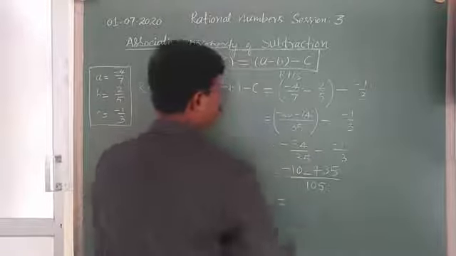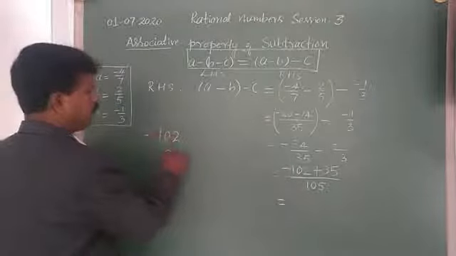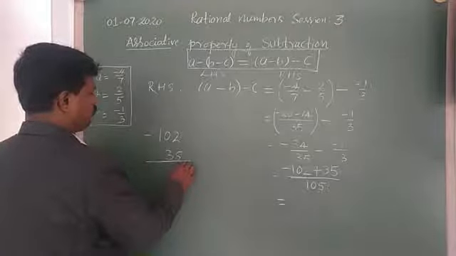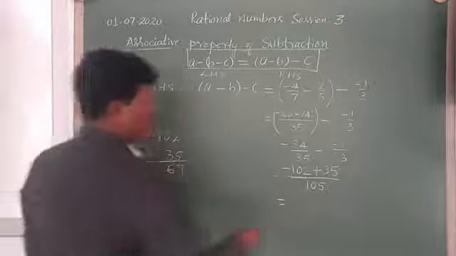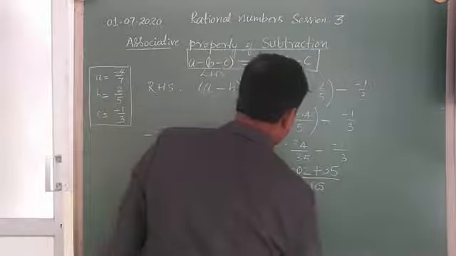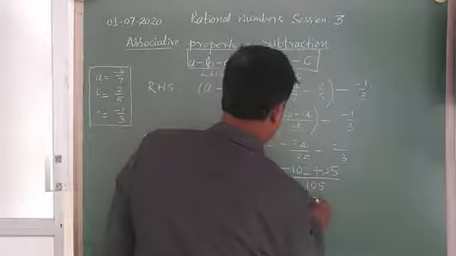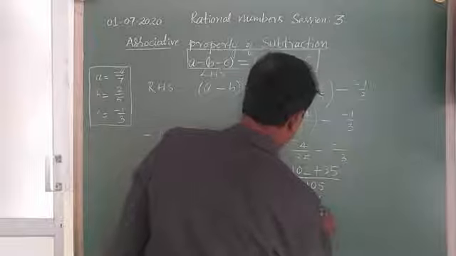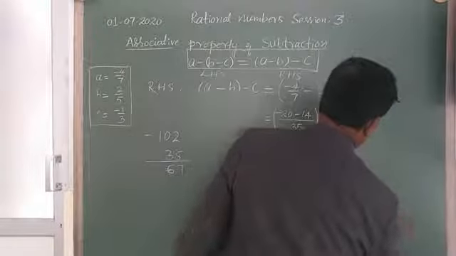So minus 102 plus 35, that is minus 67 by 105. So this is solution 2.